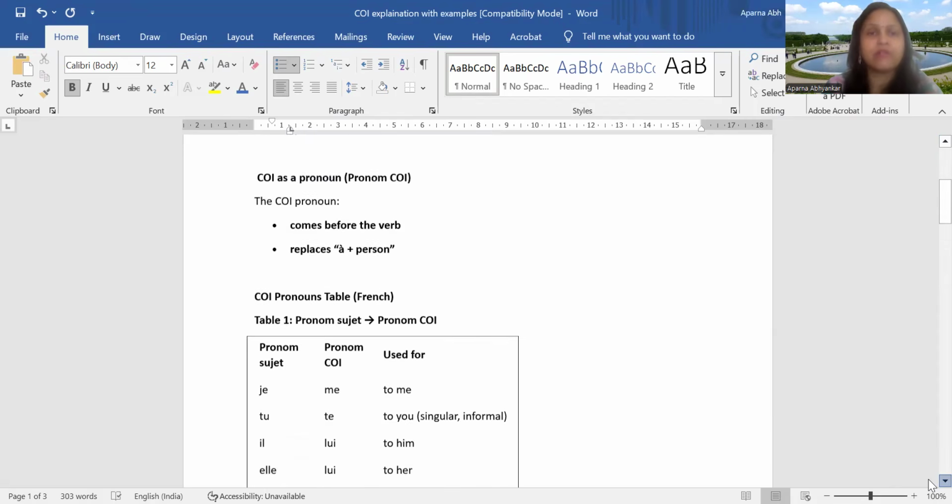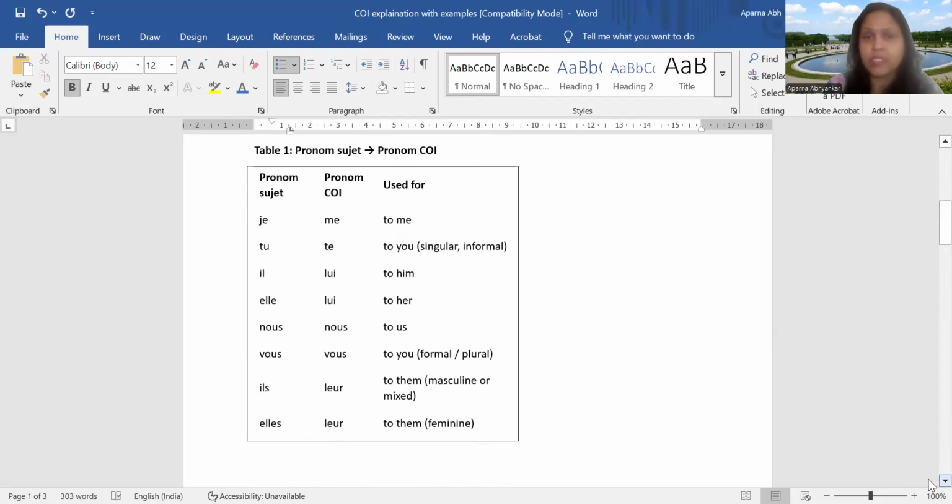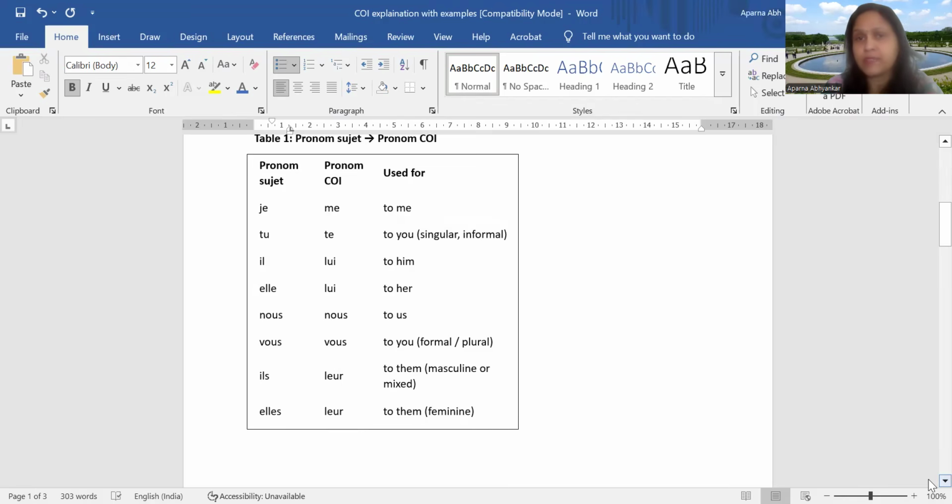Again, here we have an important table. We had noted down one table for COD. In the same way you can copy this table in your notebook, make 2 or 3 columns, and write pronom sujet, pronom COI, and even in the third column, if you want, you can write the meaning in English.